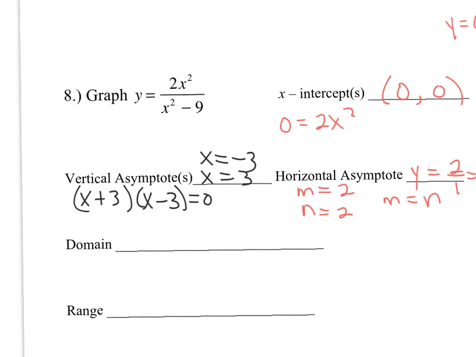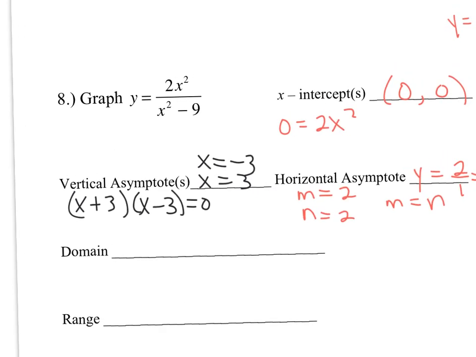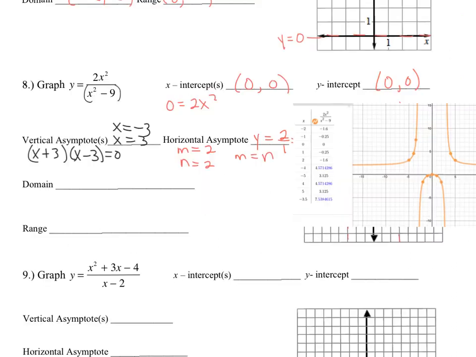Again, you want to make sure that you put parentheses around your denominator. So you're going to need parentheses around the binomial, the x squared minus 9, to make sure you put it in there correctly. So off to the right, you'll see the graph that I put into Desmos over here. Now the domain for this one, again, I said just a minute ago that it'll be broken into different sections.